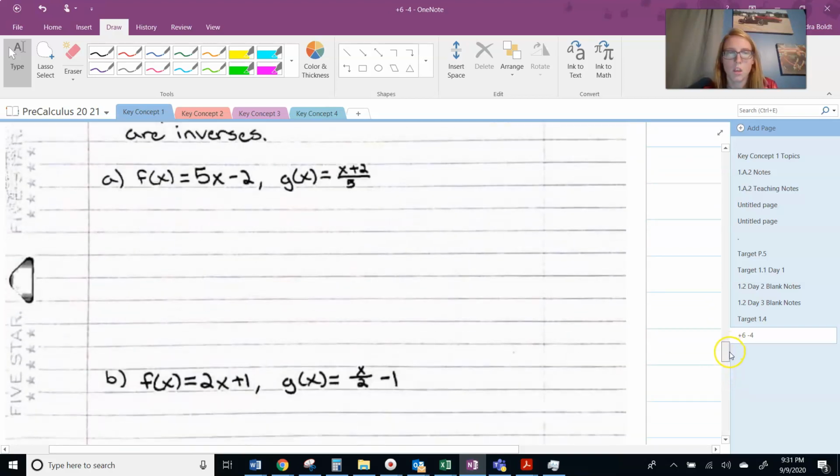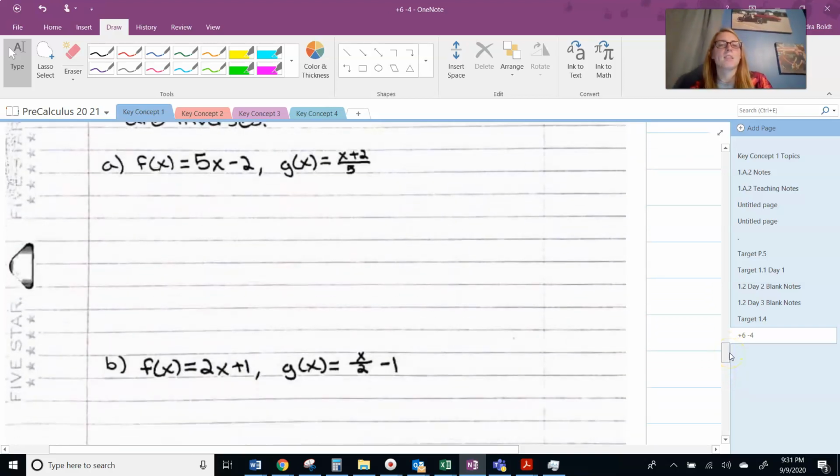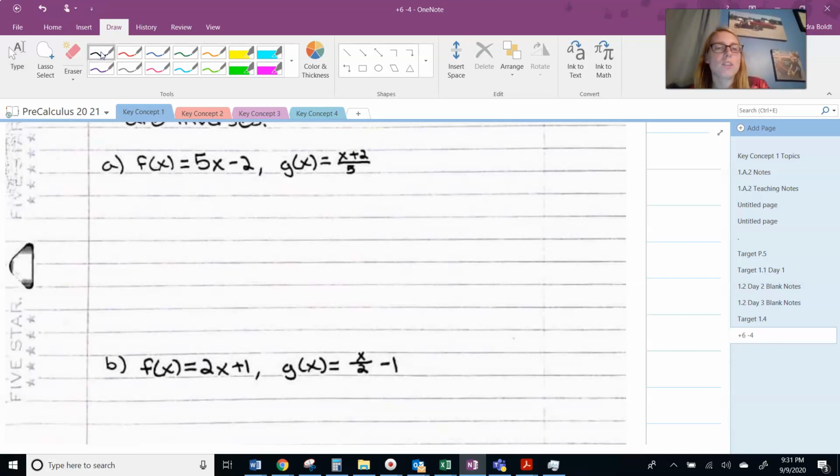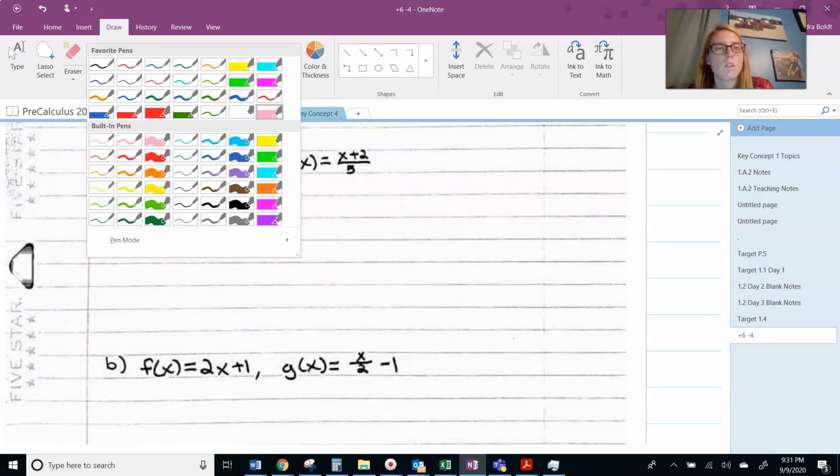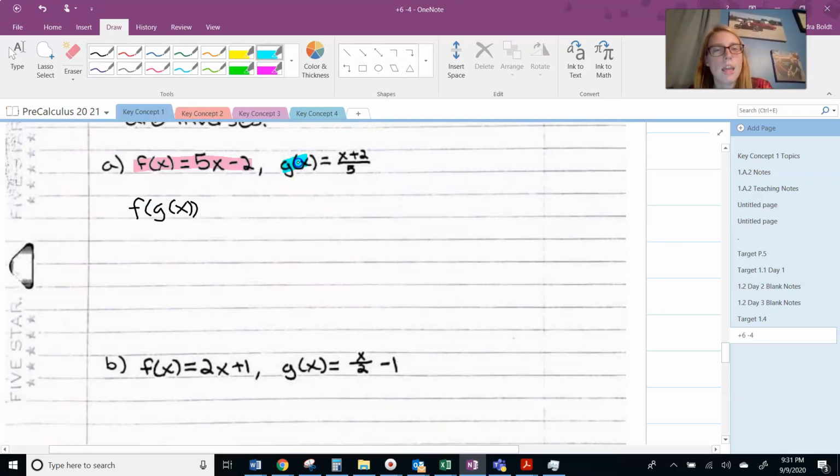So, A, f of x is 5x minus 2, and g of x is x plus 2 over 5. So the first thing I'm going to do is find f of g of x. This is just like what we did the other day with our compositions.